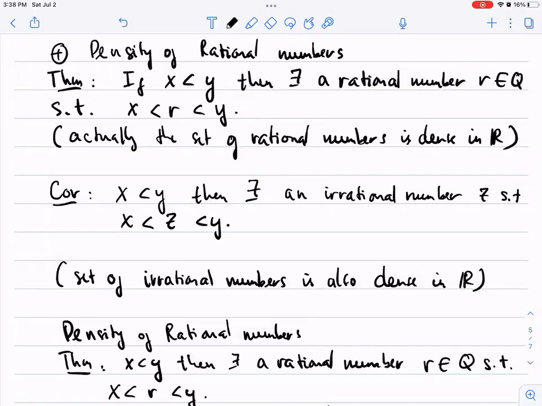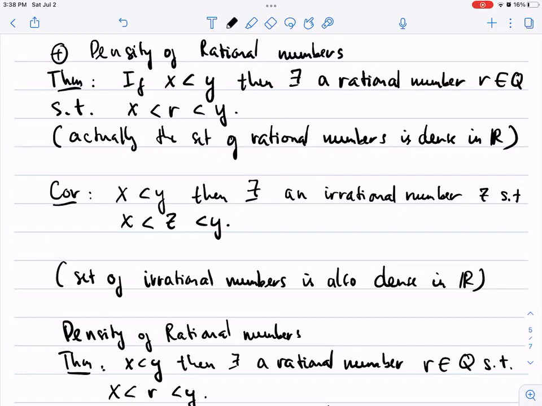The theorem says that if x is smaller than y, then there exists a rational number r in the set of all rational numbers Q such that x is smaller than r, which is smaller than y. That is, the set of rational numbers is dense in the set of all real numbers. If you pick any two real numbers, there must be a rational number in between them.